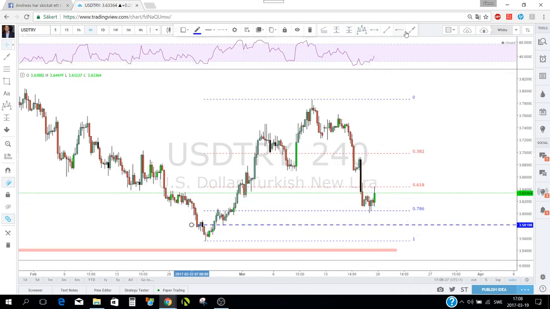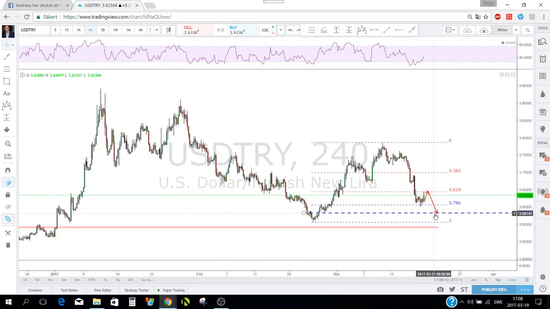So if this pair trades a little bit up and goes back down here, I will be looking at how price will react here, and try to find an entry reason to the upside, because this should be a very good area that it should hold.